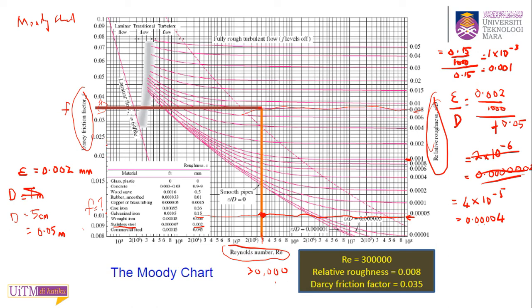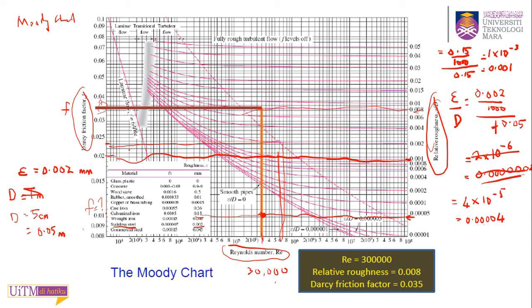This is the intersection of your 6.5 with 0.001, and if I take it until the end, when I did it properly, I get 0.023.